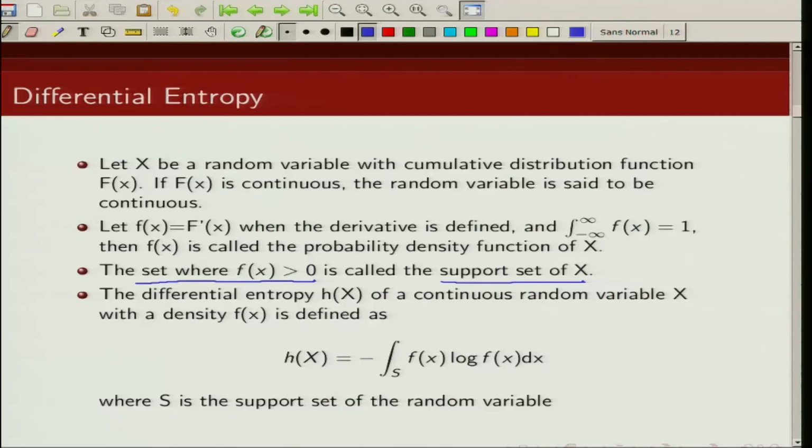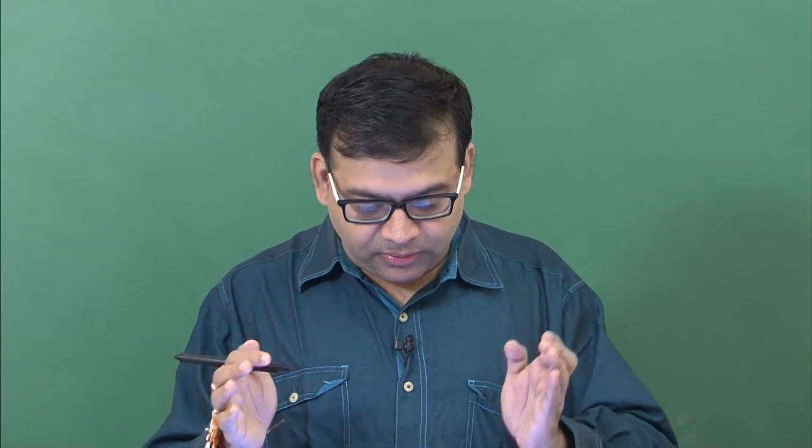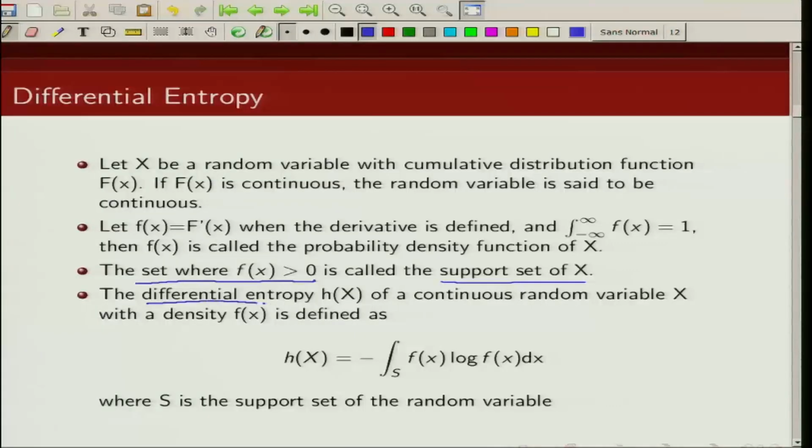These definitions are very similar to the definitions we had for the discrete case. If you recall, for the discrete random variable we defined the support set as the set where the probability p of x is greater than 0. Now the differential entropy of a continuous random variable is defined as follows.